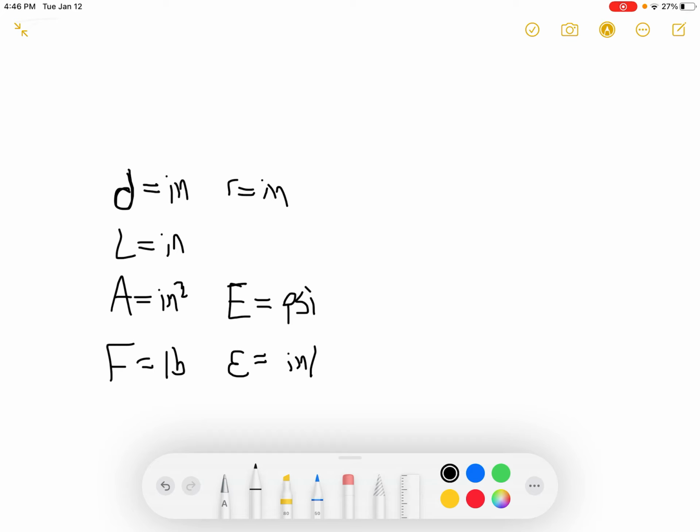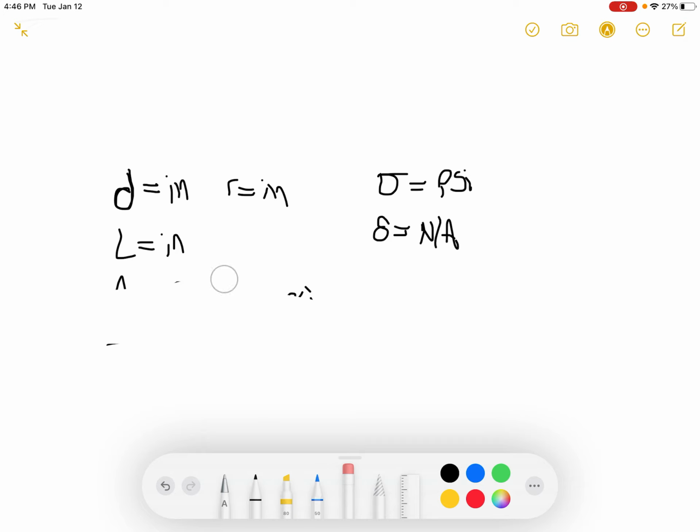Then your stress is in PSI as well. And then your elongation, the lowercase delta, has no units, so you don't have to have units for that.